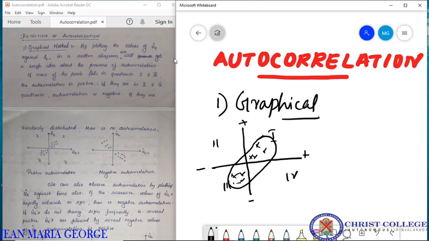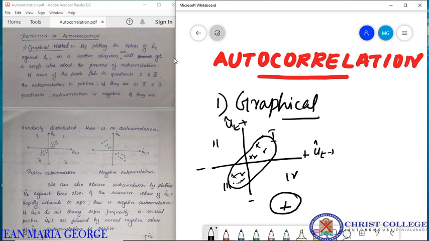So here we can see a positive autocorrelation, because the points are in the first quadrant, where both variables, u hat t and u hat t minus 1, follow the same sign. Either it is positive in both cases or negative in both cases, like in the third quadrant. So this will be the positive autocorrelation.